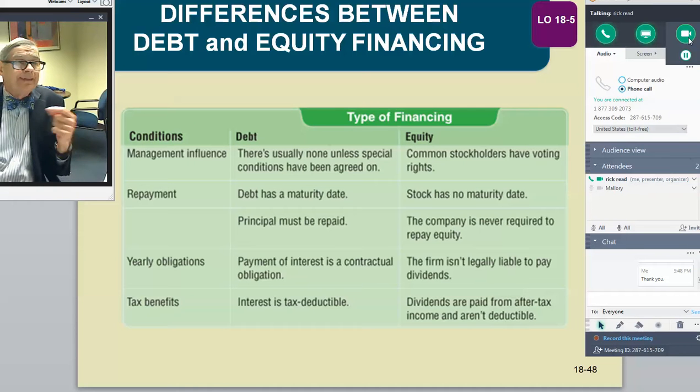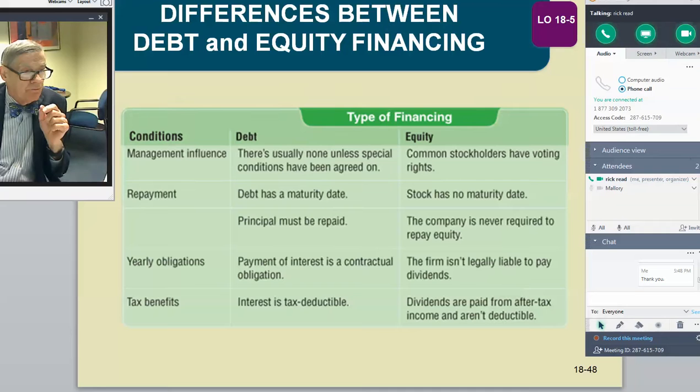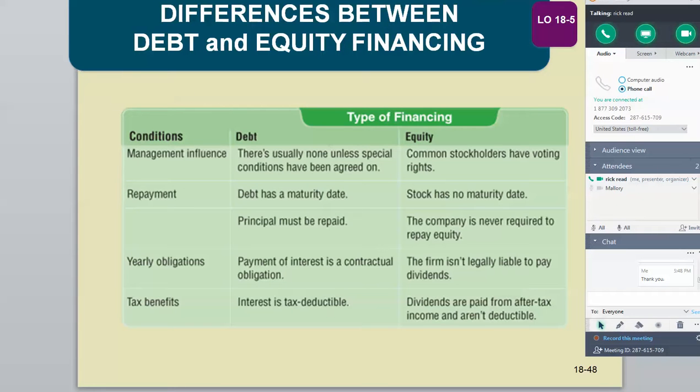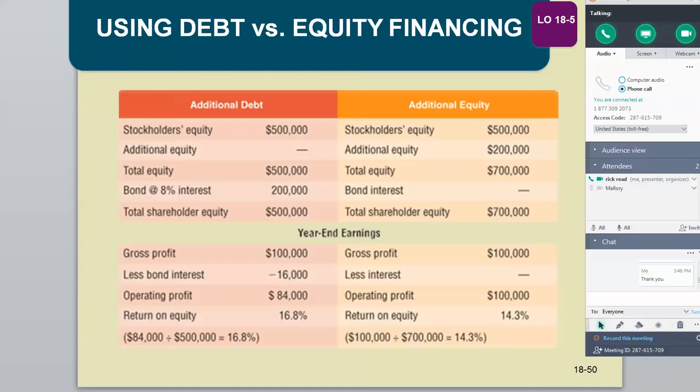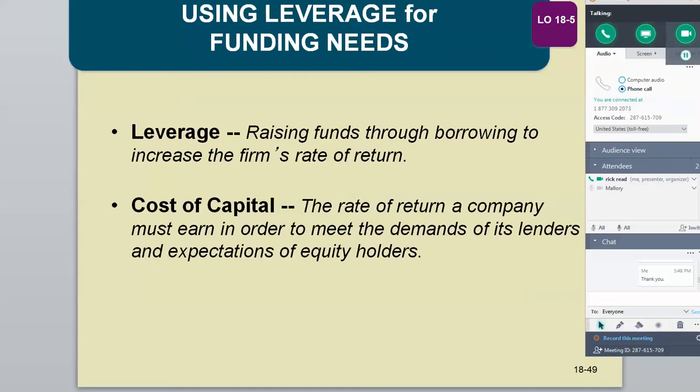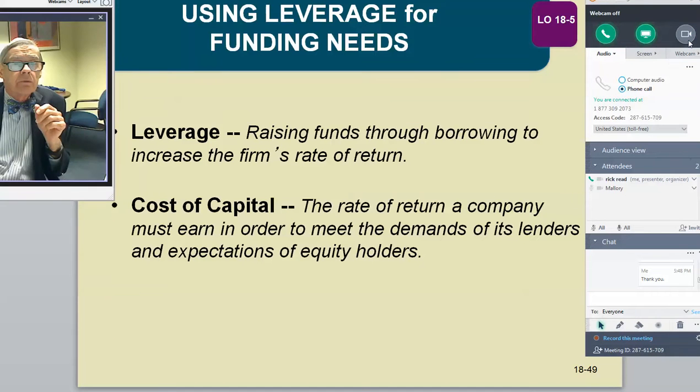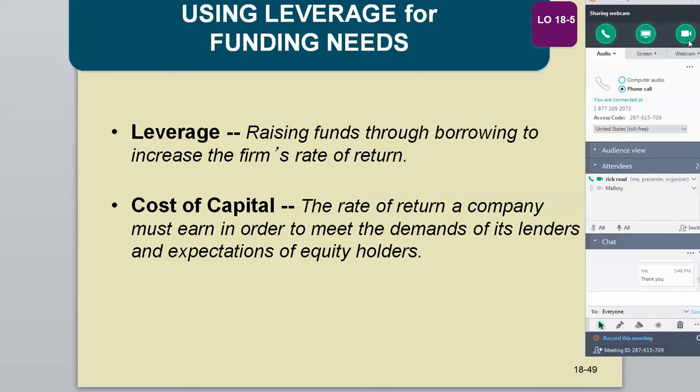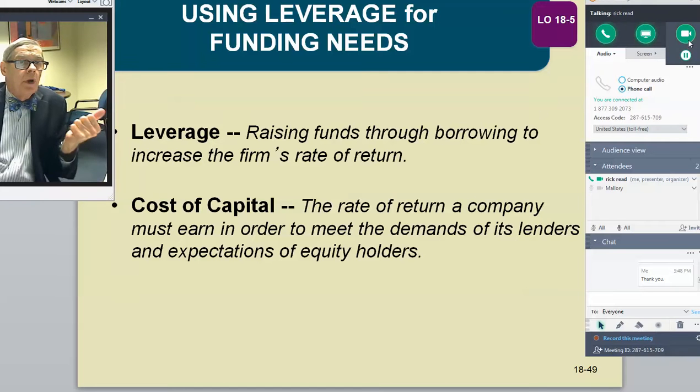Notice here the last item, they're paid from after-tax income and are not deductible. Leverage funds, raising funds through borrowing, is going to increase your rate of return. Cost of capital is the rate of return a company must earn to pay the demands of its lenders.